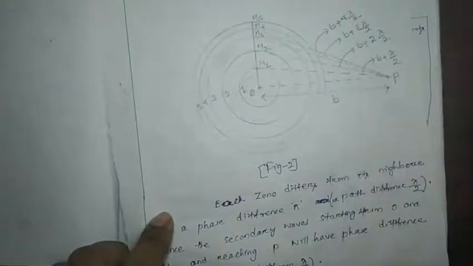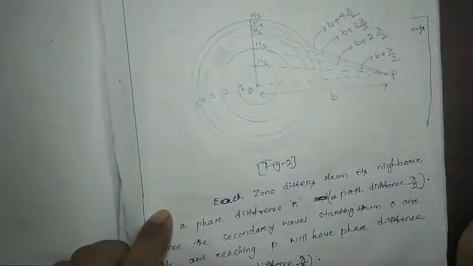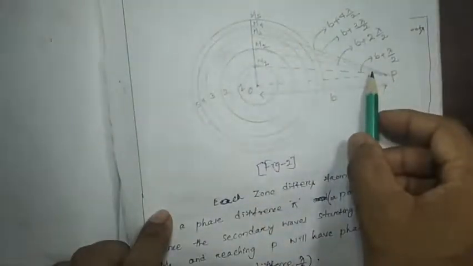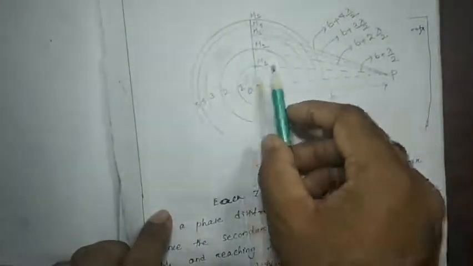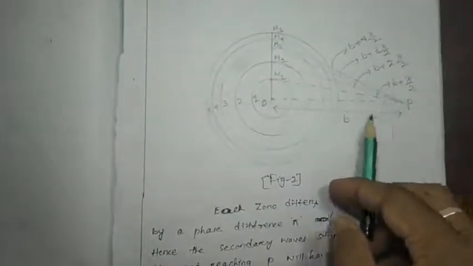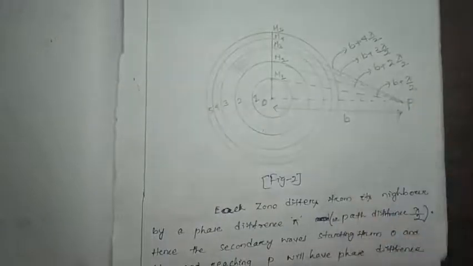They do not have the same phase; they have a different phase or different path difference. And M2P, if I compare it with M1P, they have travelled with a different path, that means different phases, and they are going to interfere at P, and we are going to get the resultant intensity at P.